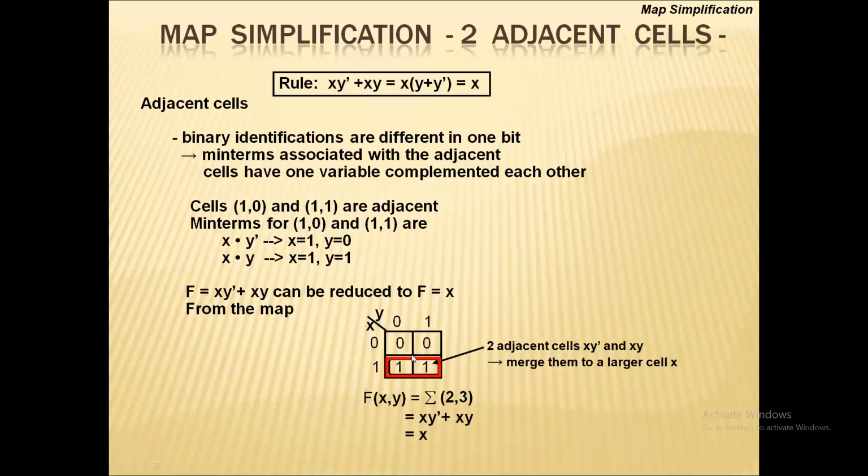This dual is because of this row and these two columns. So what is in this row? Simply X, isn't it? And what is in these columns? It is 0 and 1. That means Y is equal to 0, Y is equal to 1.